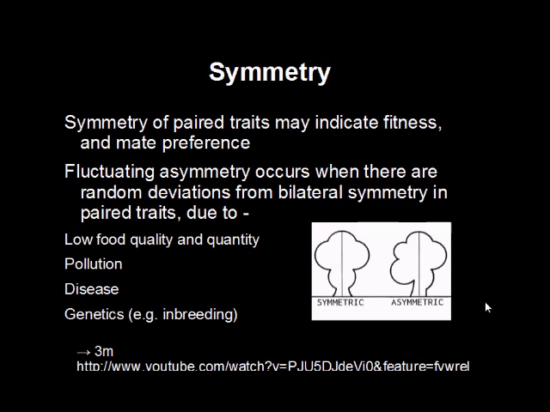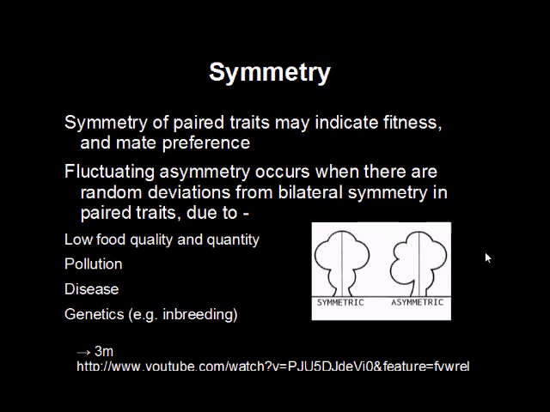Okay, so here's another thing that's interesting: symmetry. Symmetry can actually be an indication of fitness, and it has been linked to mate preference. Fluctuating asymmetry is when there are random deviations from bilateral symmetry when you have paired traits.